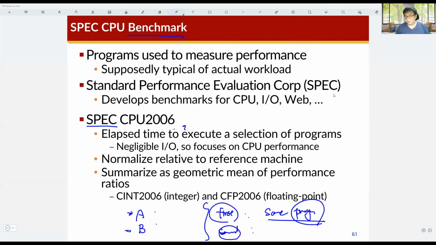Also, at the end of the class, I mentioned the benchmark. A benchmark is a set of selected applications to measure the performance of a processor. That is the definition of the benchmark: the programs used to measure performance of the processor. A benchmark is selected from typical applications, typical workloads.